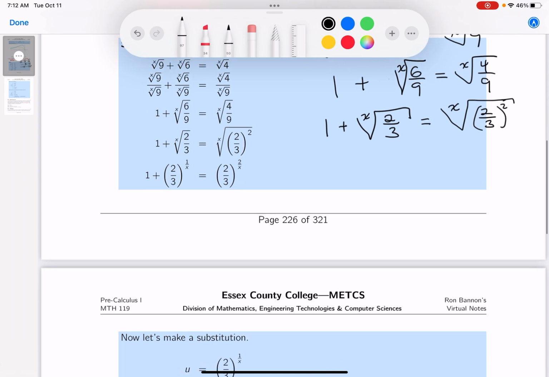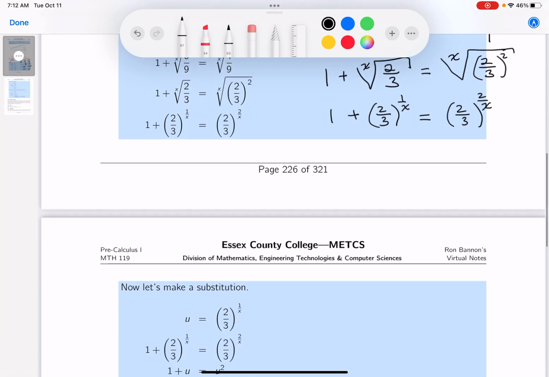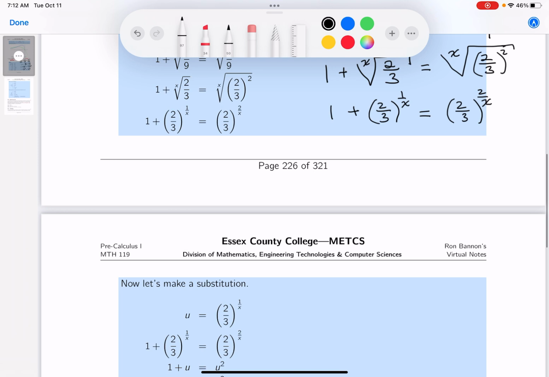All right, I'm going to write this as an exponent, and you get 1 plus 2/3 to the 1 over x equals 2/3 to the 2 over x. Now I can make a substitution. The substitution will be as follows.